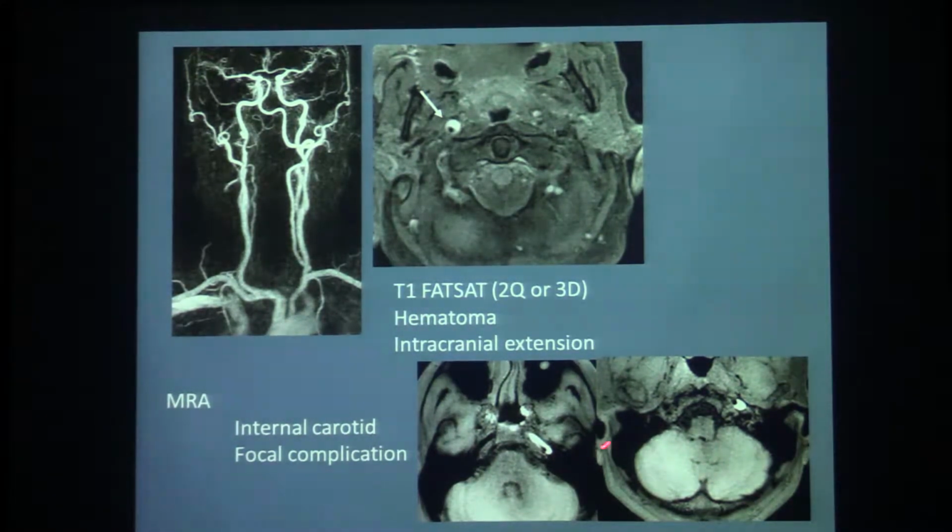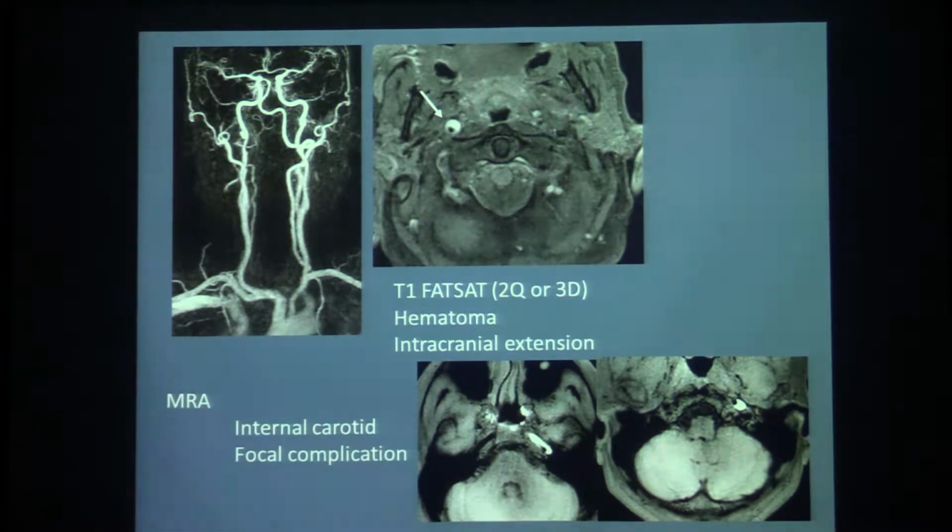And of course, when you study this dissection, one of the main things you have to find is if the dissection remains under the skull base or it goes in the brain, in the subarachnoid space, because in this case, as the risk of bleeding after anticoagulation is high, the neurologist will not use anticoagulation.